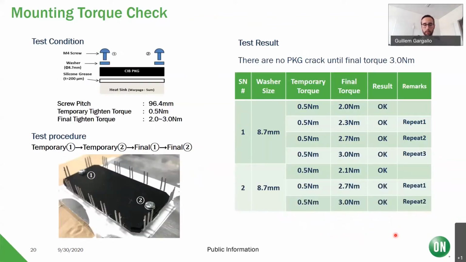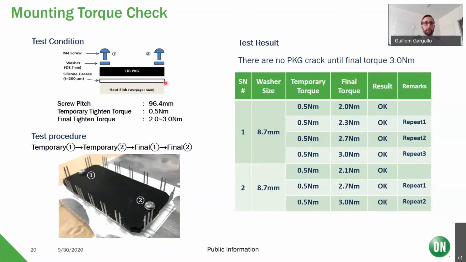Then an additional concern, often for baseplate-less packages, is the strength of the ceramic in terms of ceramic cracks. And here what we wanted to prove is that with this package, we have very good control of the warpage of the ceramic, as well as a very rugged structure.